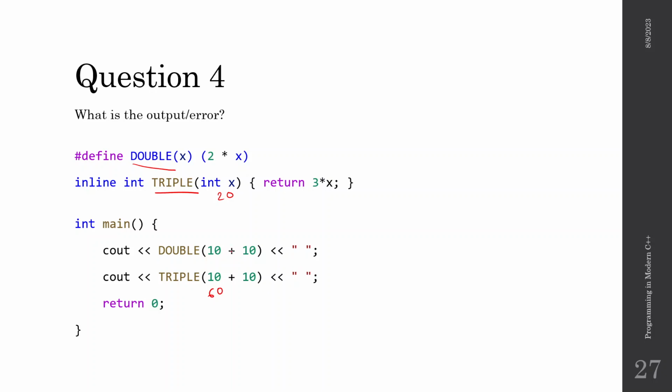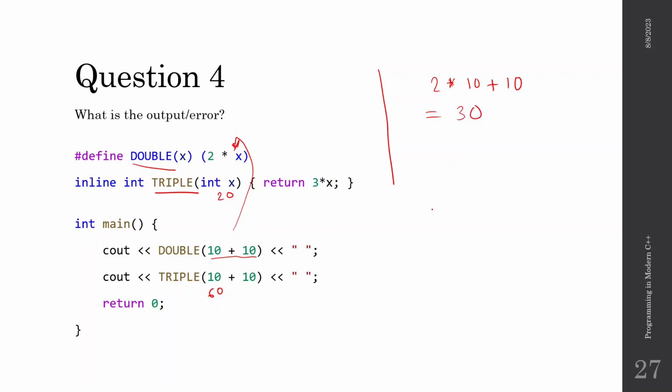Now in the first line, this hash define macro will be substituted exactly like that. So this 10 plus 10 will be substituted over here as it is. So you will have something like 2 into 10 plus 10, which is equal to 30.